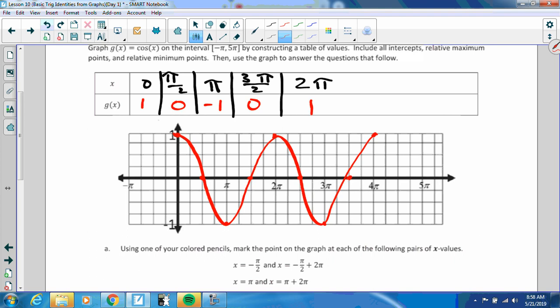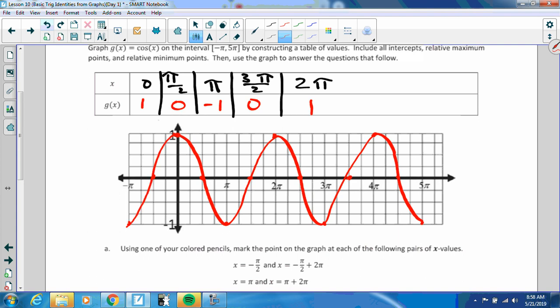And then, bam, and bam. And then here, what happens over here? Goes down, right? And there ain't no place to go but down. So 0, -1, whack. Okay?